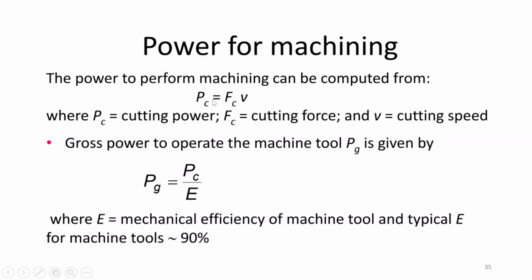Power is given as cutting force times cutting speed, and the gross power is given by the cutting power divided by efficiency, and this efficiency can be around 90%.